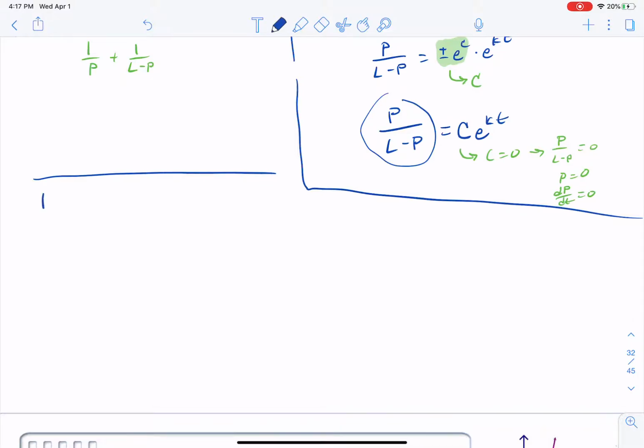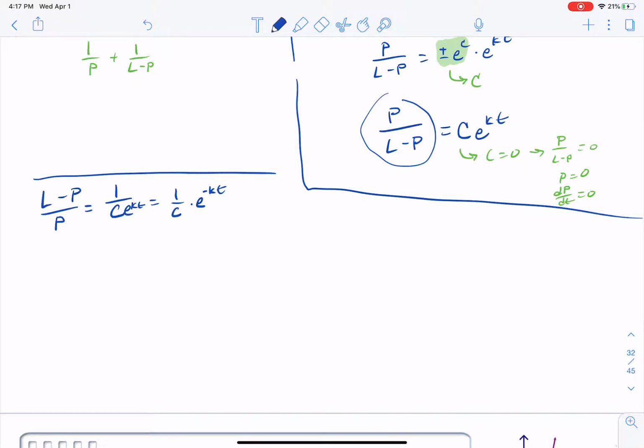So when I take the reciprocal of both sides, I have L minus p over p is equal to 1 over c e to the kt. But I'm going to continue to rewrite the right-hand side of this. This is 1 over c times, are you ready for it? E to the negative kt power, right?